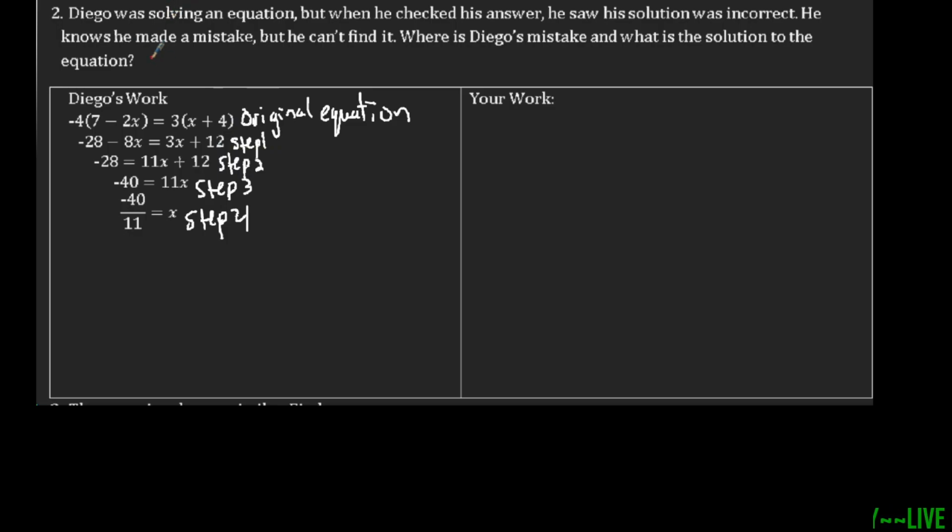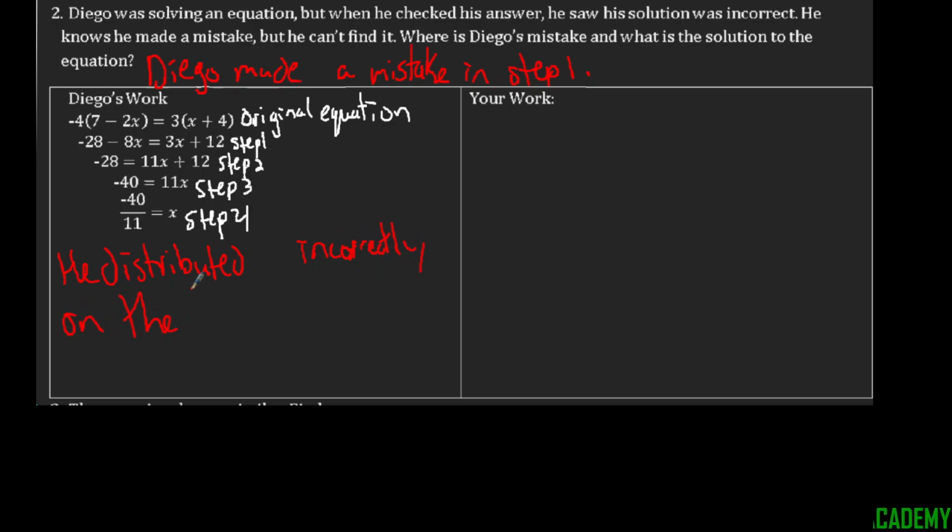We're going to say Diego made a mistake in step 1. And what that mistake is, we can say he distributed incorrectly on the left side.